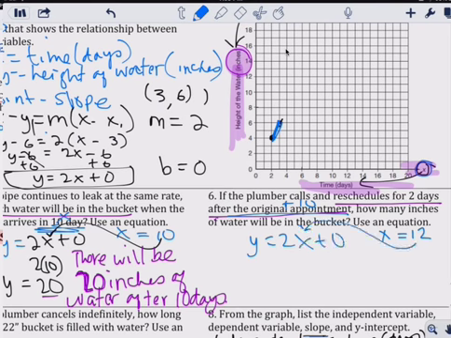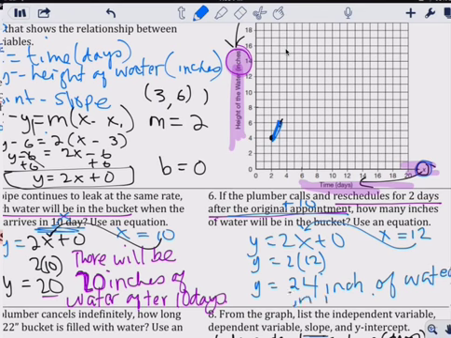Input the 12 in here. Y equals 2 times 12, which is 24 inches in 12 days. 24 inches of water in 12 days.